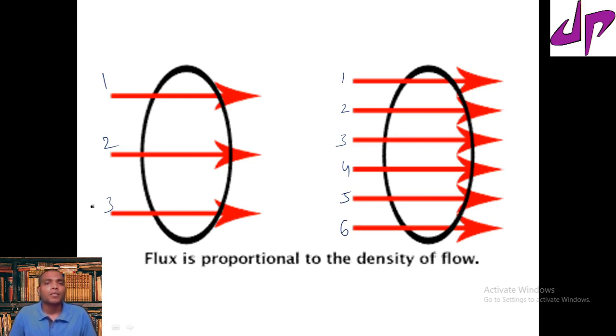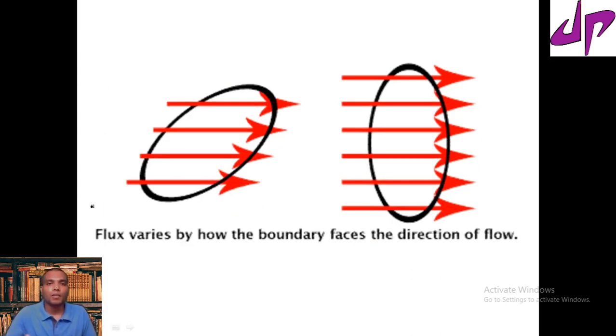In this case the flux is directly proportional to the electric field strength, or in other words we can say the density of the electric field. Second point, flux varies by how the boundary faces the direction of flow.